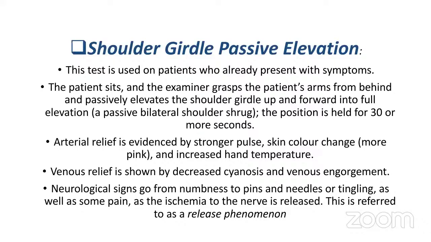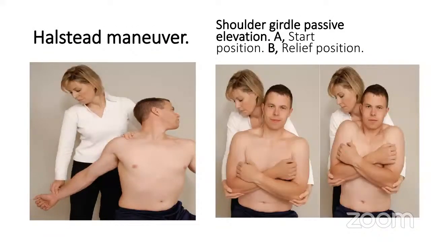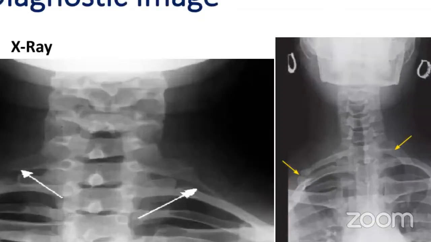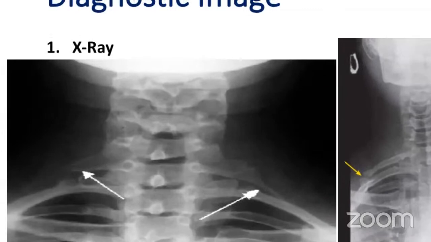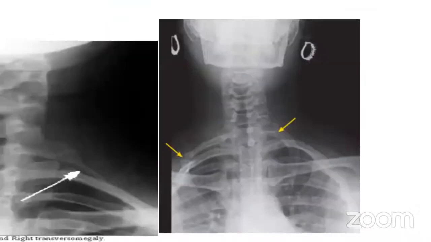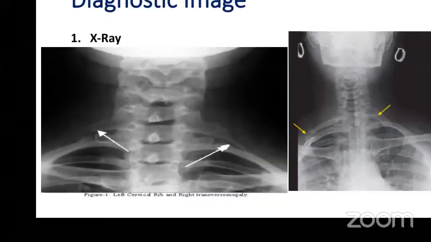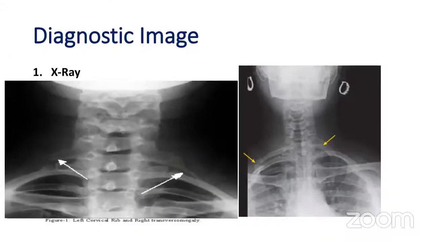Now let's go to diagnostic imaging. The diagnostic imaging is done for differential diagnosis. You can see in this figure that the cervical rib is here, right? You can see here in this picture also there is a presence of a cervical rib. So it will compress the neurovascular structures in the scalene triangle and costoclavicular space.